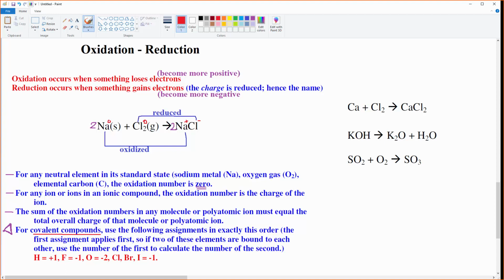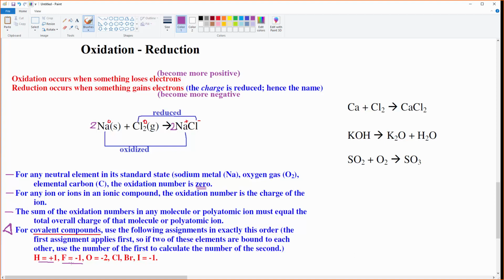And here's what you have to do for covalent compounds. You're going to go in this order. If there is a hydrogen, it gets to be +1. And then you have to default to the third step here to determine the oxidation number of whatever else was attached to it. If there's not a hydrogen, then you look for a fluorine, and it gets to be -1.